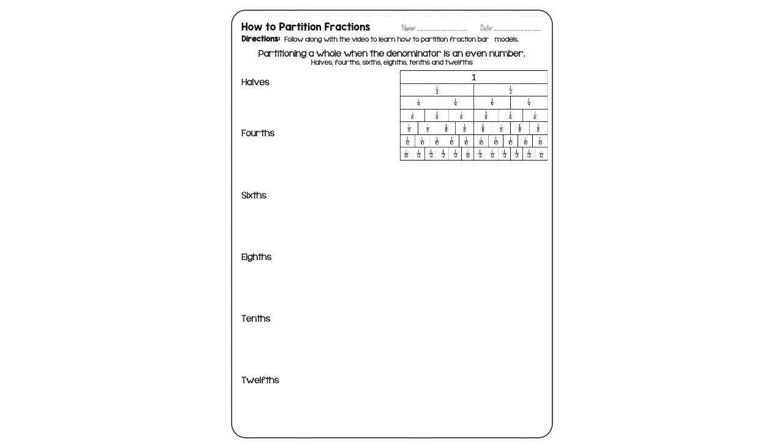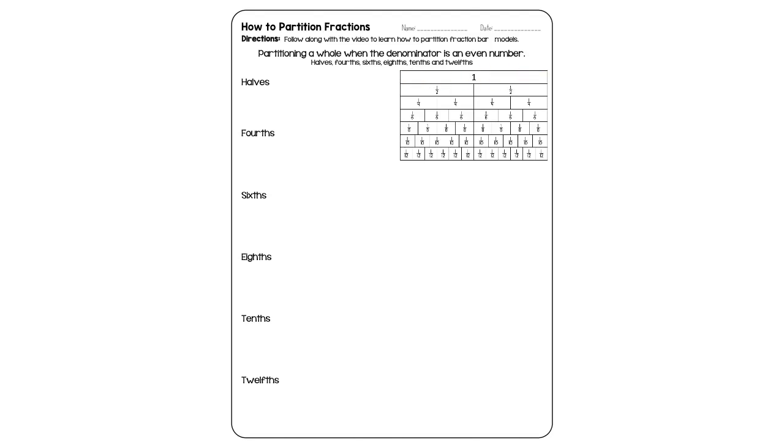Now, one thing I want you to notice is right now we just have one whole, halves, fourths, sixths, eighths, tenths, and twelfths. The reason we only have those is because on this side of the page, we are partitioning a whole.